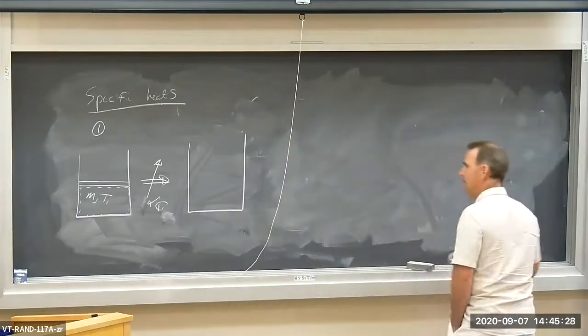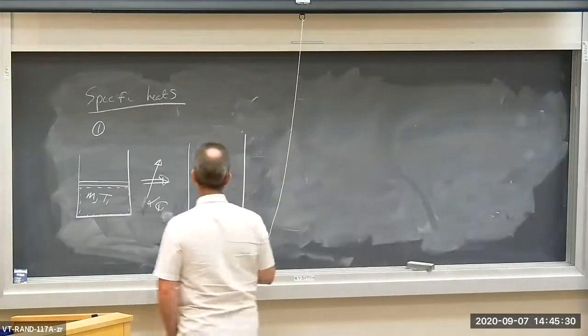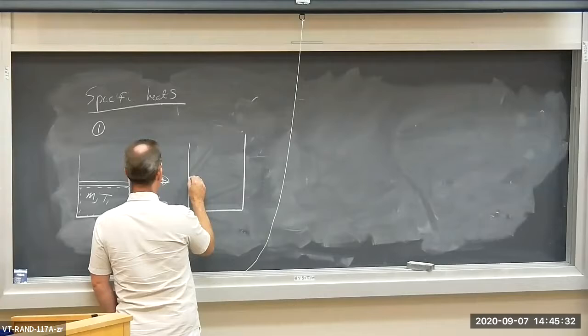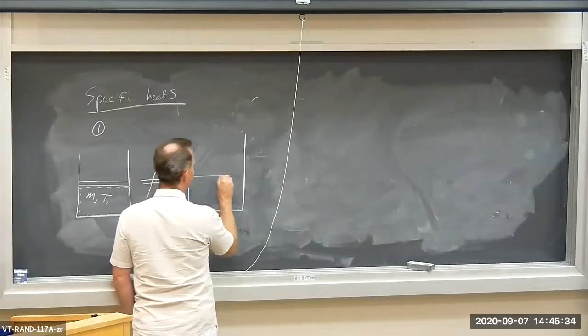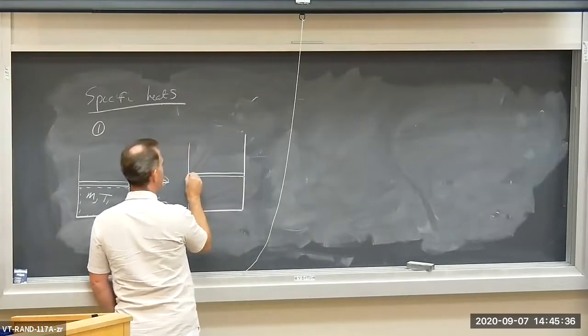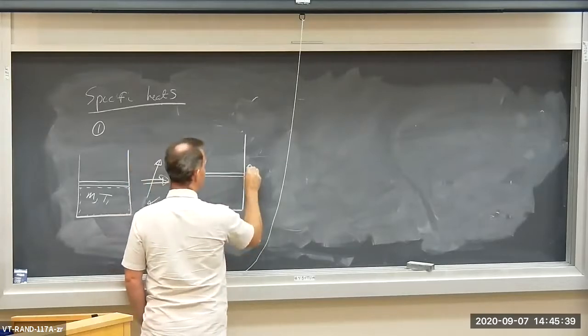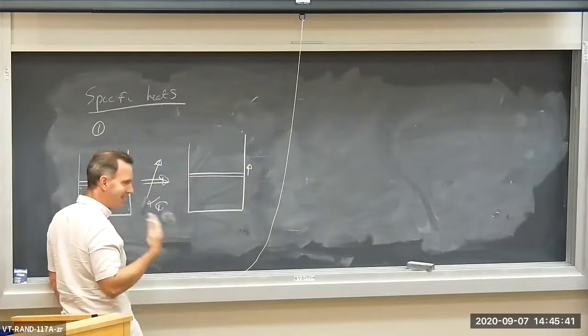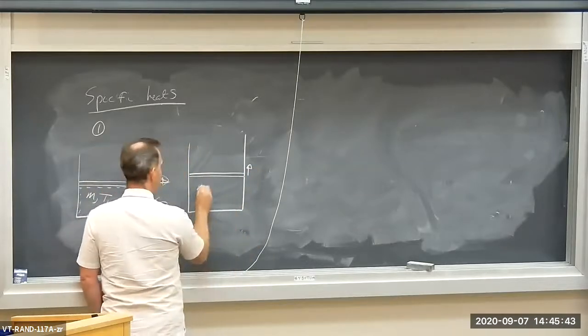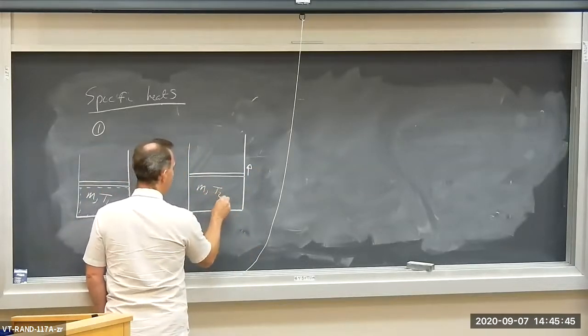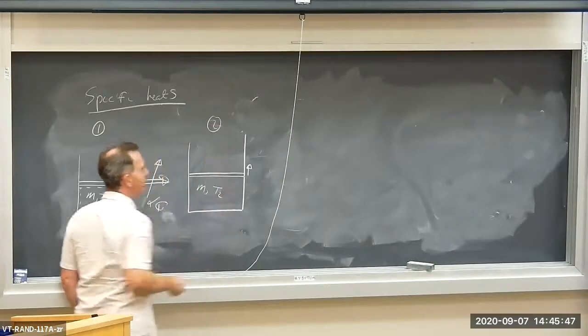So we're going to add a little bit of heat. And so presumably the system expands ever so slightly. So the piston is now moved up because the system has expanded a little bit. And now I'm at a temperature T2. So this is my state 2.